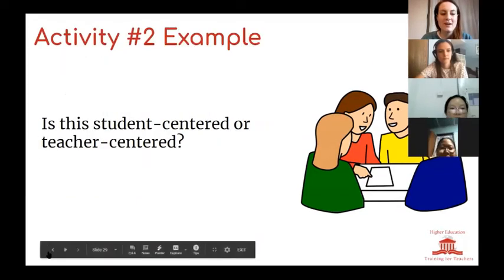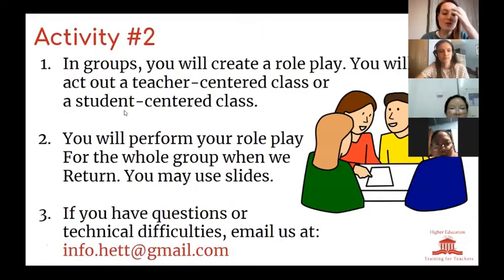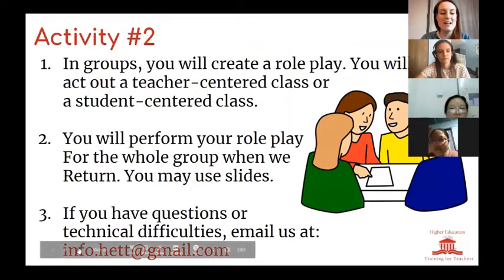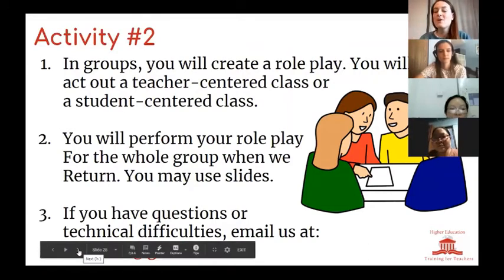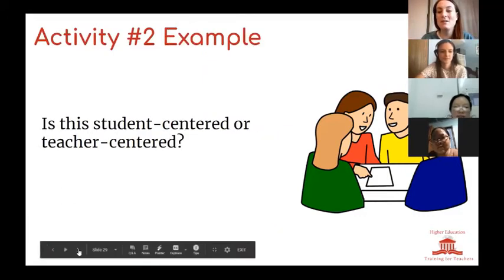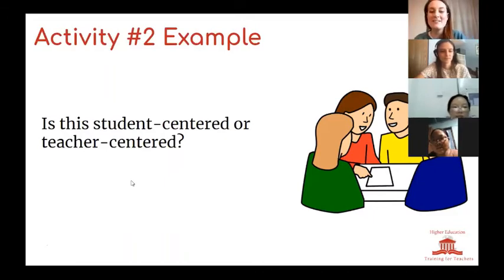If you have any questions or technical difficulties, you can email us. But first, me and Kathleen are going to do an example. We're going to do two very short role plays, and I would like you to tell me if you think it is teacher-centered or student-centered.